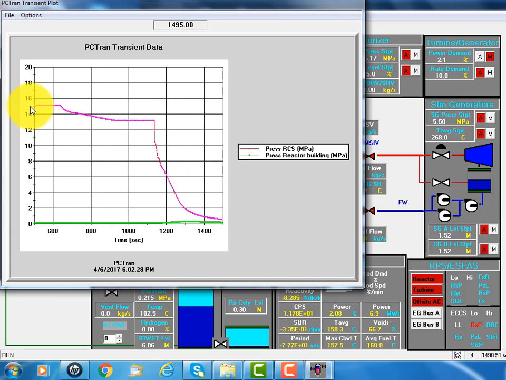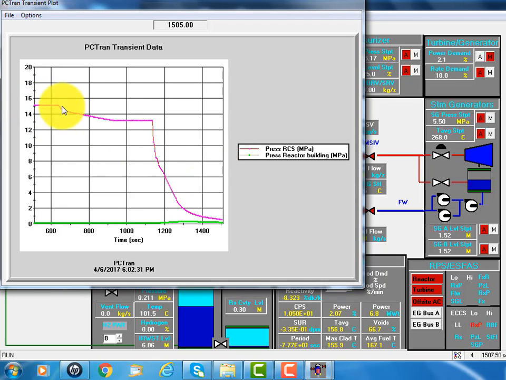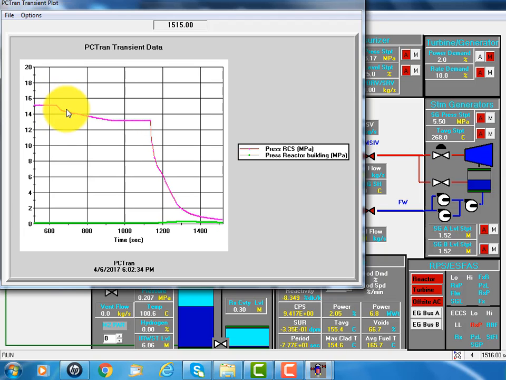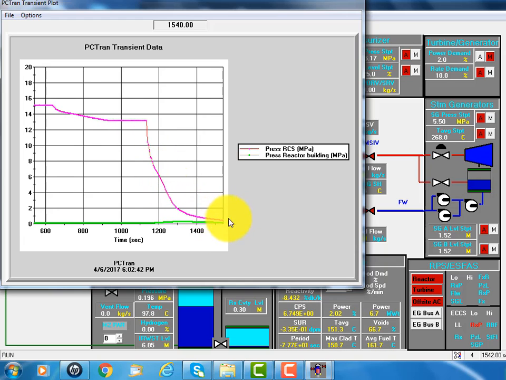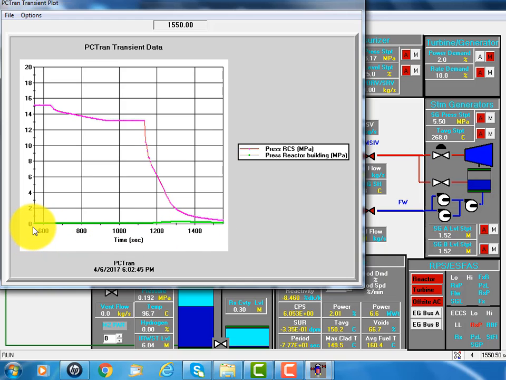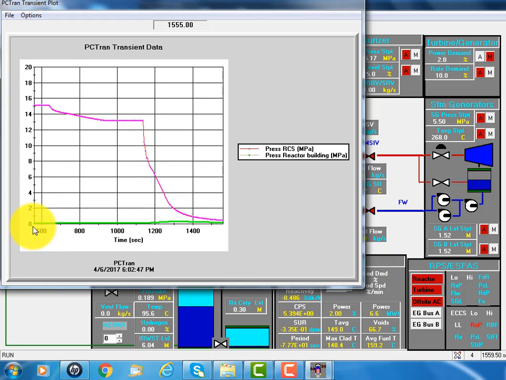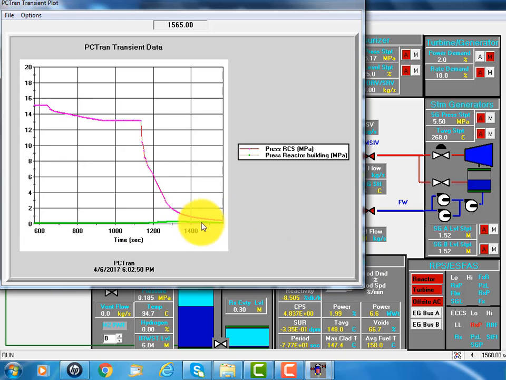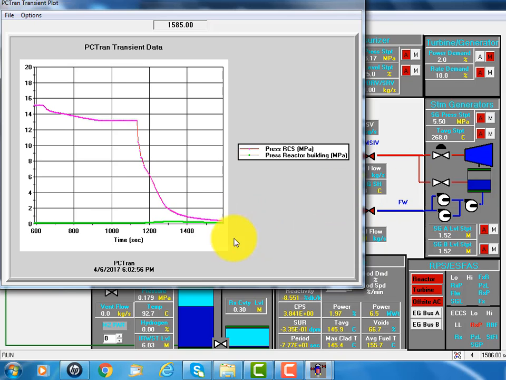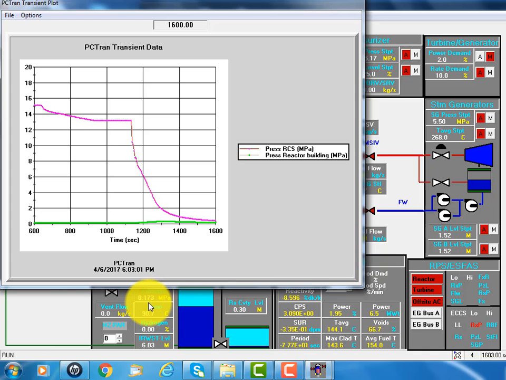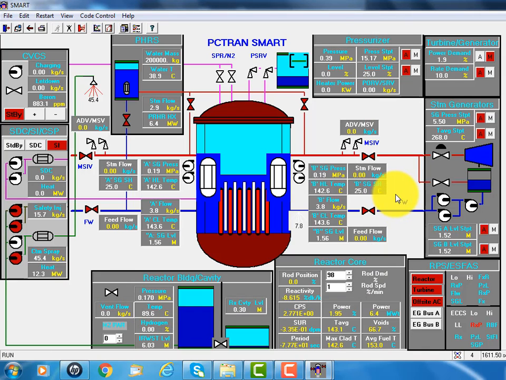See, this is our reactor pressure, originally 15, and because of steam loss it goes down, and after reactor shutdown, it goes down considerably to almost the same as the containment pressure. The containment pressure originally is atmospheric pressure, and the maximum was 3 times, but now it's cooled down to 2 atmosphere. Actually, less than 2.